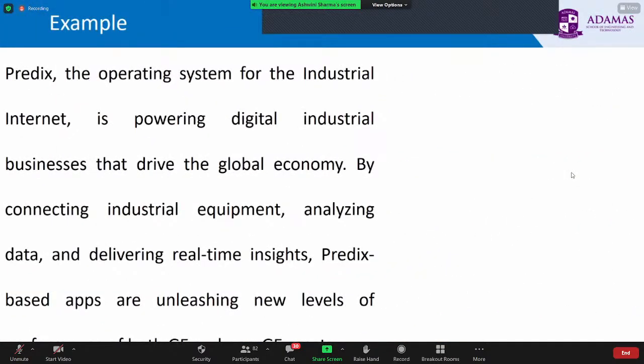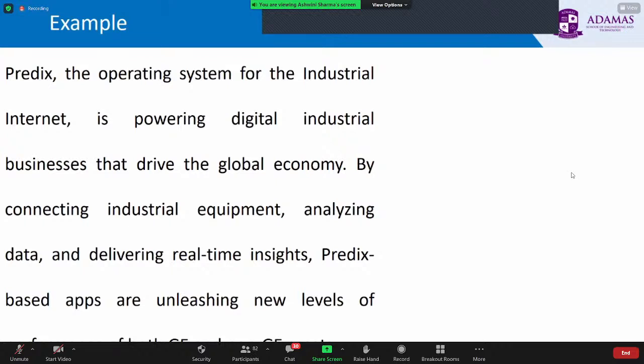Okay, so it's not just for HCL, because we have got a number of other industries to go for. We have seen just a glimpse of it. So Predix is another thing which has come into the market in a huge way. Operating system for the industrial internet is powering digital industrial business that drives the global economy by connecting industrial equipment.